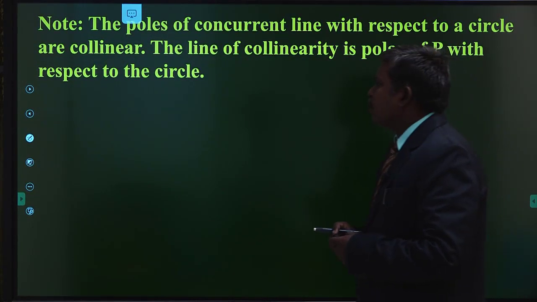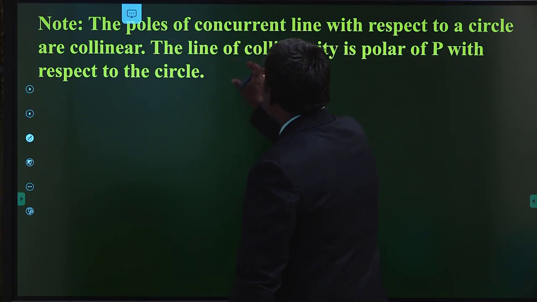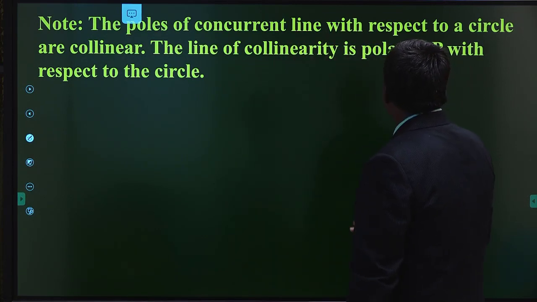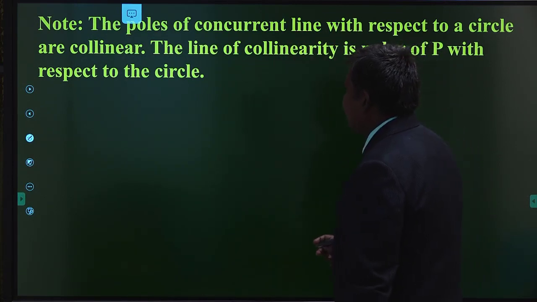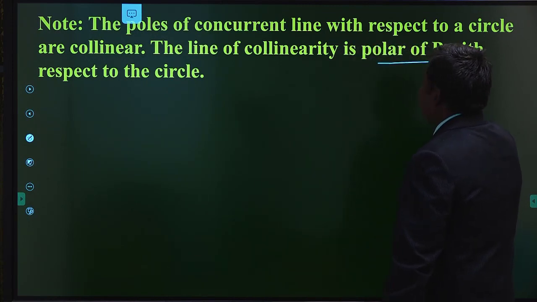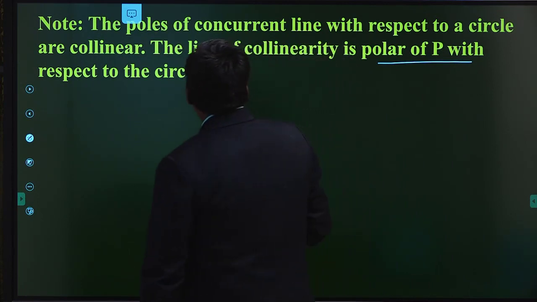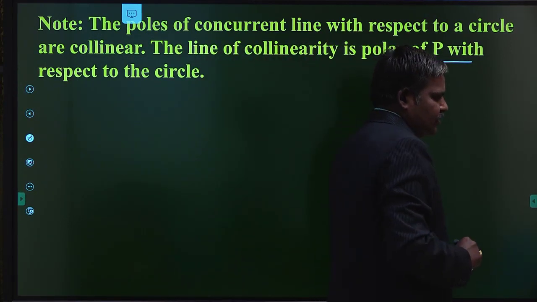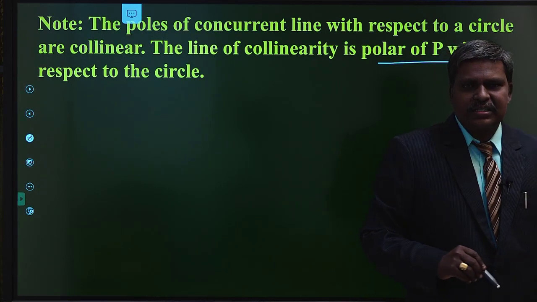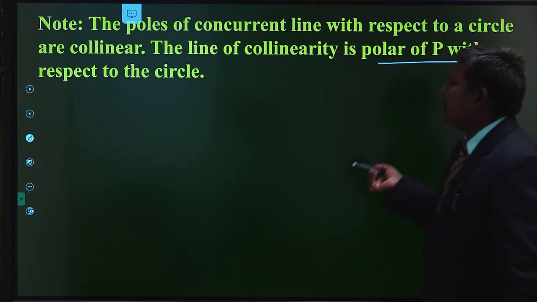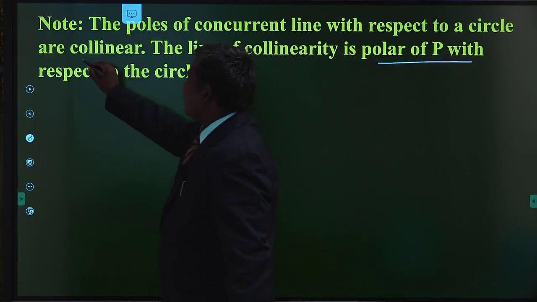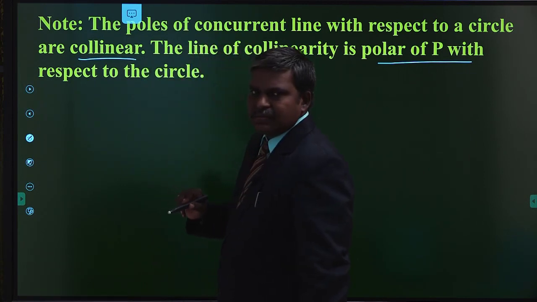See this note. The poles of concurrent lines with respect to a circle are collinear. The line of collinearity is the polar of P with respect to the circle. Consider a set of concurrent lines.